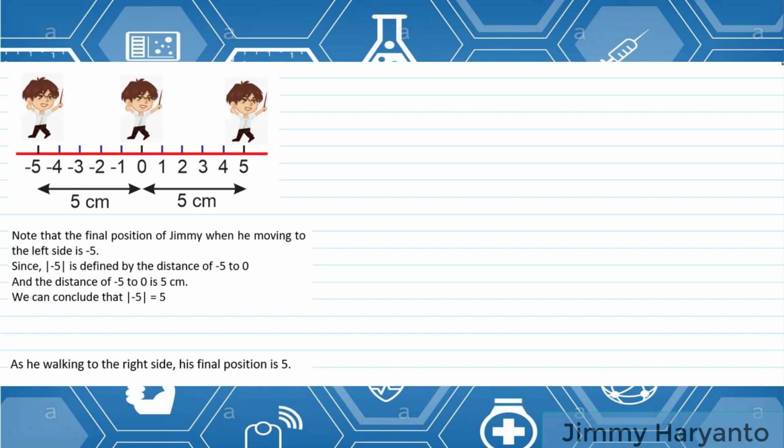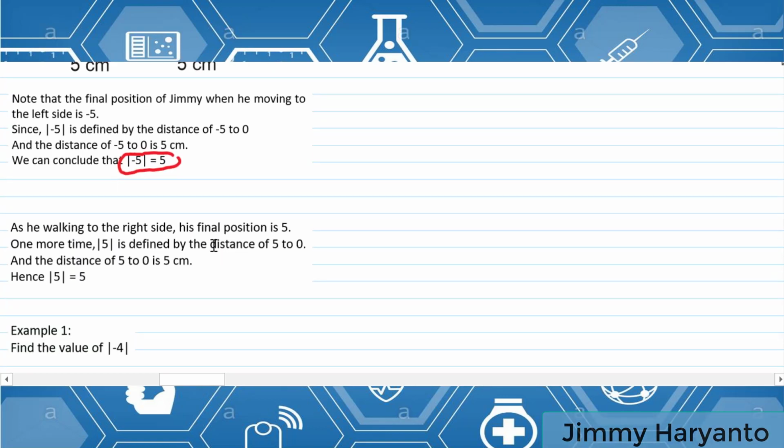Since absolute value of negative 5 is defined by the distance of negative 5 to 0, and that distance is 5 centimeters, we can conclude that absolute value of negative 5 is equal to 5. And for the right side, we can conclude that absolute value of 5 is also equal to 5. That is how to calculate absolute values.